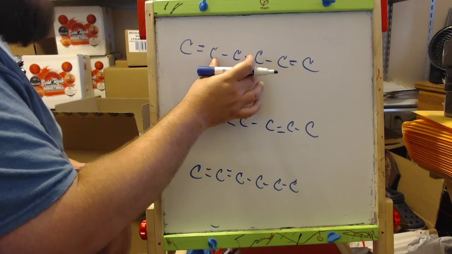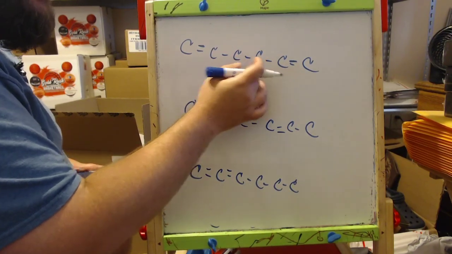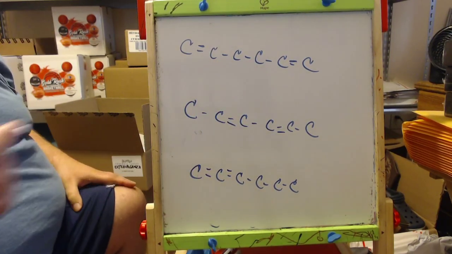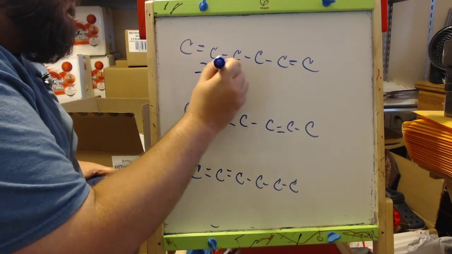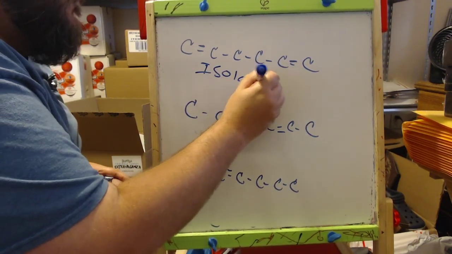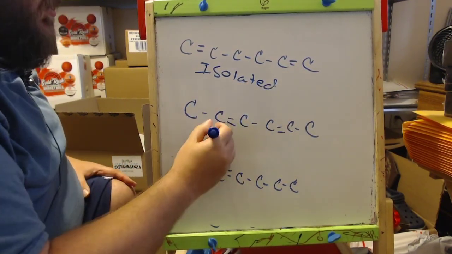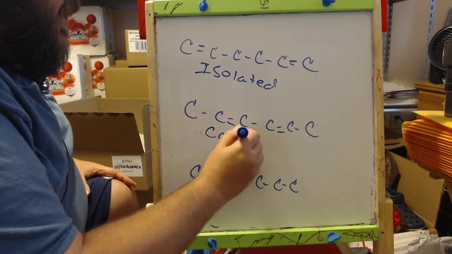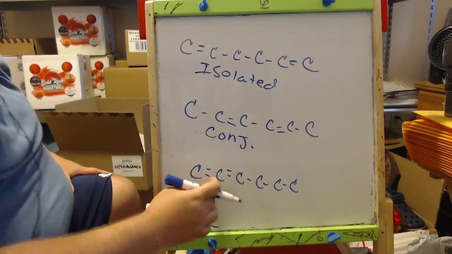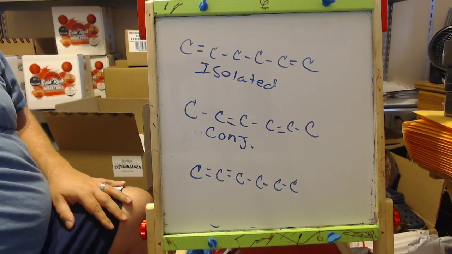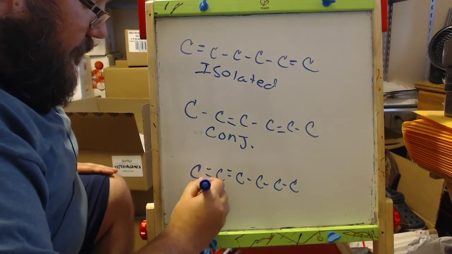If they're separated by more than one carbon, they're known as isolated. If they're separated by just one carbon, they're known as conjugated. And if they're right next to each other, they're known as cumulated.